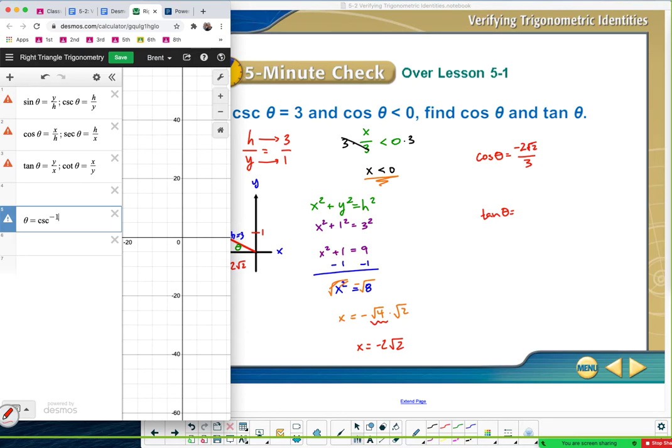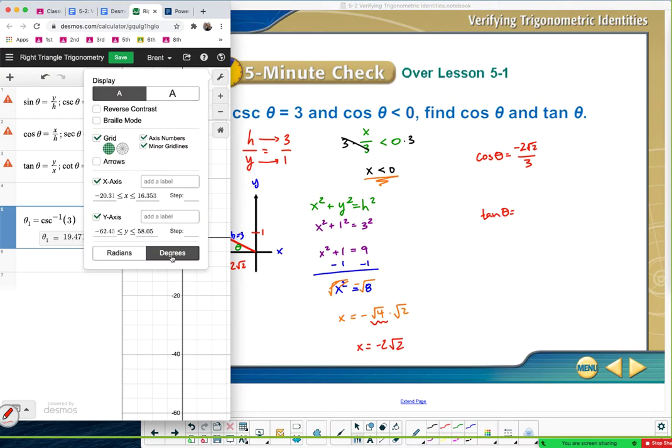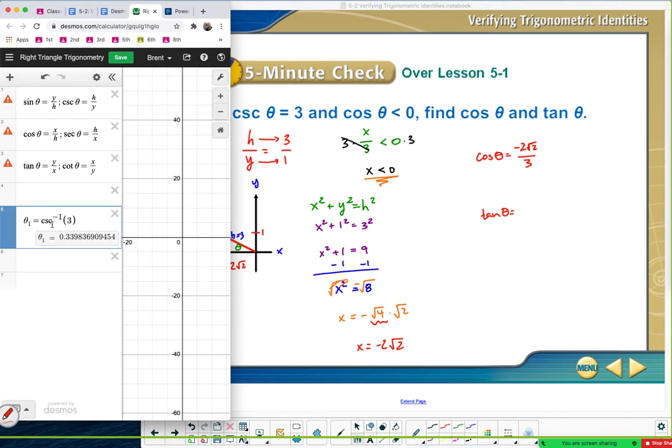So an inverse swaps, if you remember that, of 3. Okay, now that's not storing for some reason. That's unfortunate. There we go. If I put theta 1, it works. So it stores the value, and right now it has me in degree mode. So if you're in radian mode, you'll get a different answer. But for this, it doesn't matter. I'll leave it in radians, actually. So there's our value for theta 1.